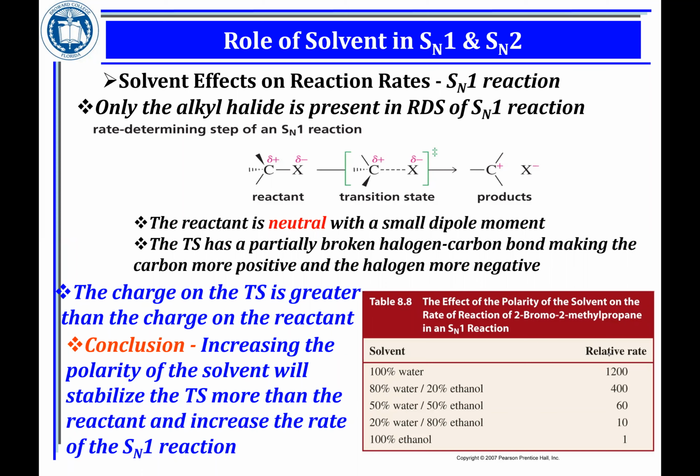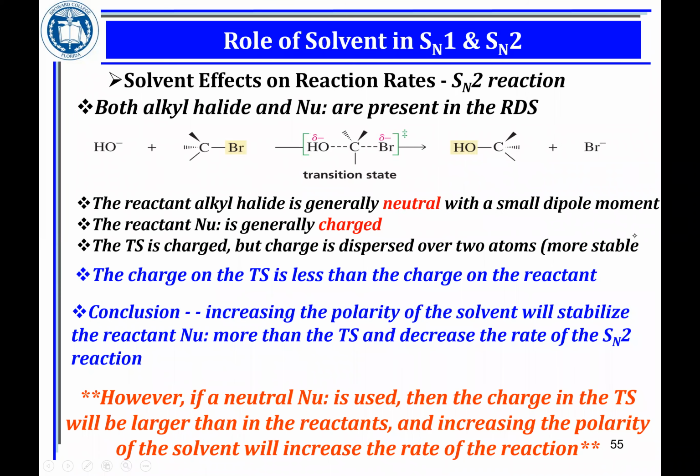Like when we go from 70% to 80% polar, the rate of the reaction increases, or the time for the reaction is going to drop, because it's going to stabilize the transition state for both SN1 and SN2. But emphasizing that for SN1, you need a polar protic, for SN2, aprotic.